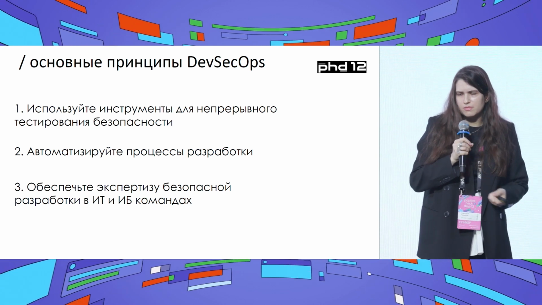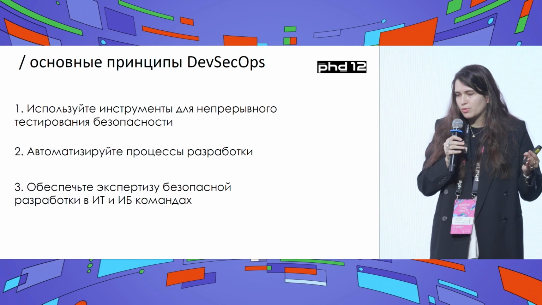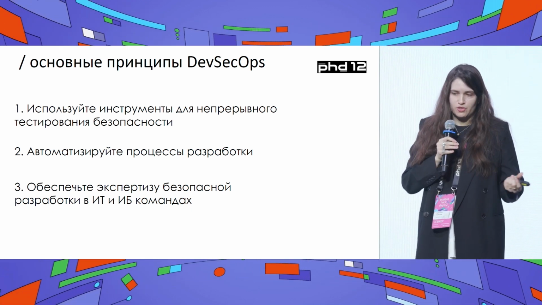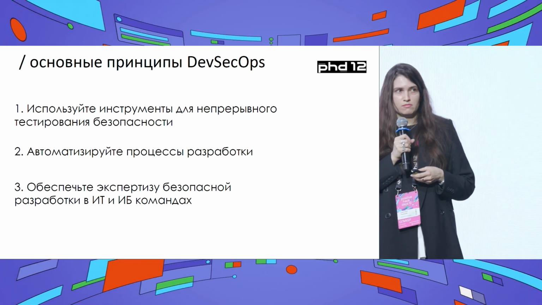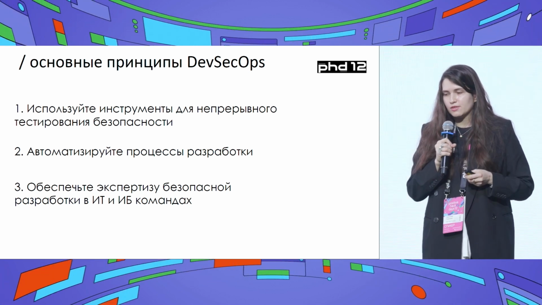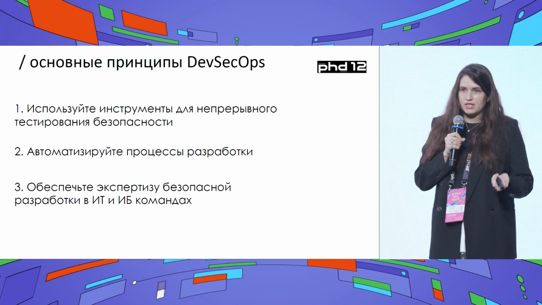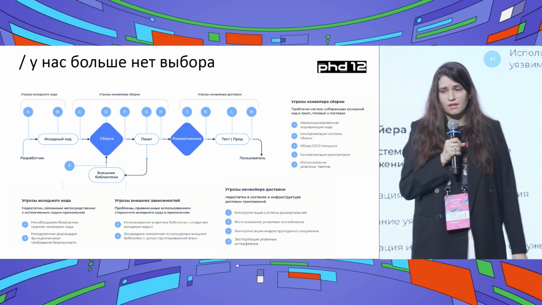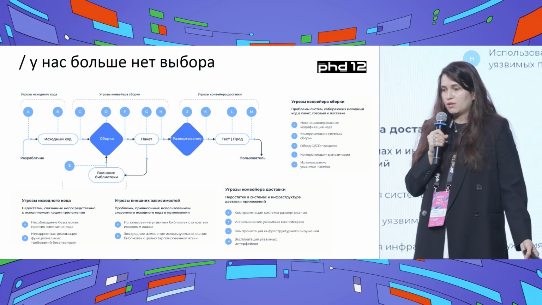We should have the ability to automate processes, not just do checks when we fancy it, not look at the technical debt where we fancy it, but it should be automated. And finally, we've got to have expertise. If we don't have a person or people who know what to do, neither processes nor tools would function well.